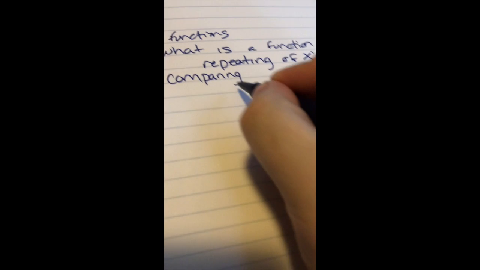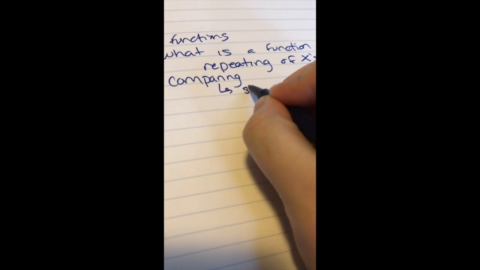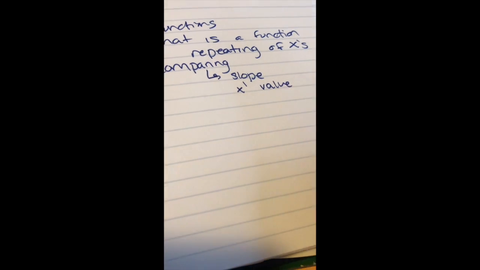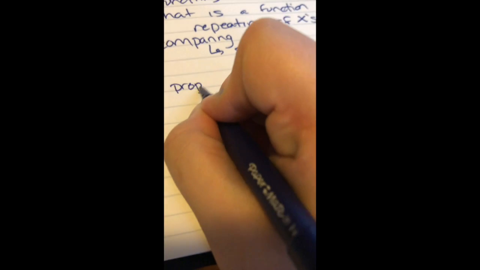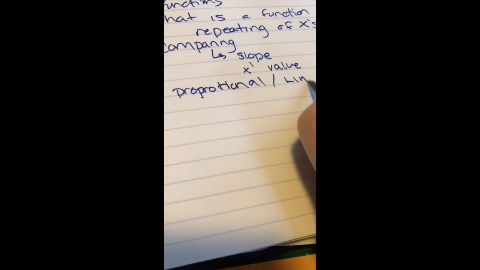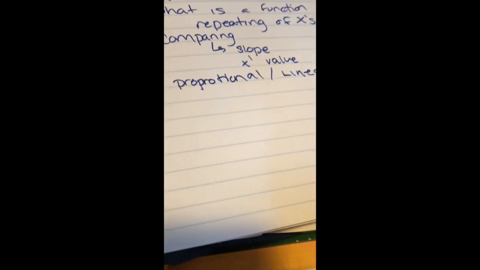We have talked about comparing functions between each other. We've talked about comparing the slope and plugging in an x value. We have talked about proportional versus non-proportional, and we have talked about linear versus non-linear, and we have talked about coming up with a situation to a graph, which we usually call analyzing that graph.